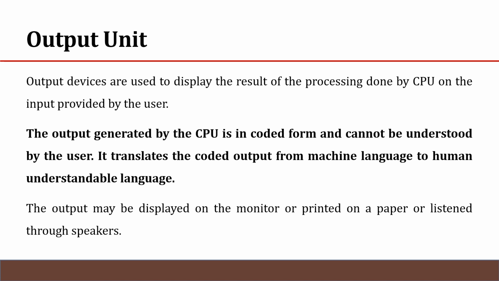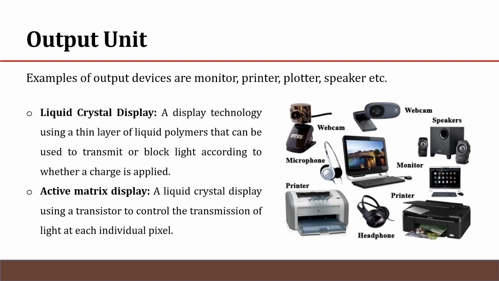So this output unit translates the coded output from the machine language to the human understandable high level language. The output may be displayed on the monitor, printed on paper, or listened to through speakers. Various output devices are monitor, printer, plotter, speaker, etc.